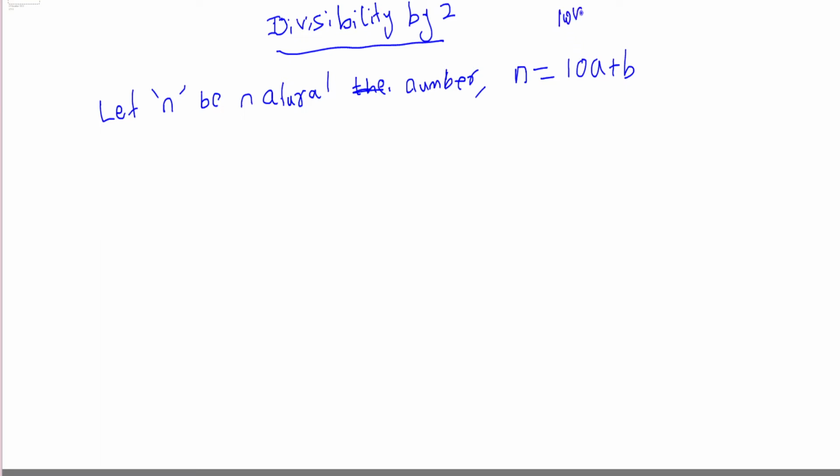Previously I said 10k plus a, but instead of a I have written b here. Any number can be represented in this form, where b is the unit digit of n. This thing we know, no problem.